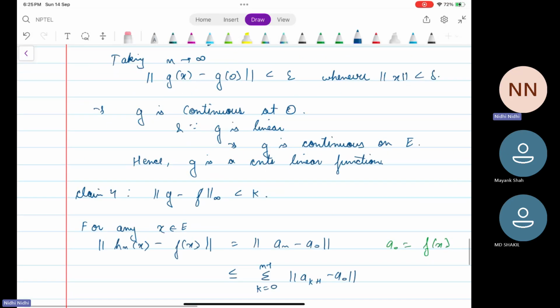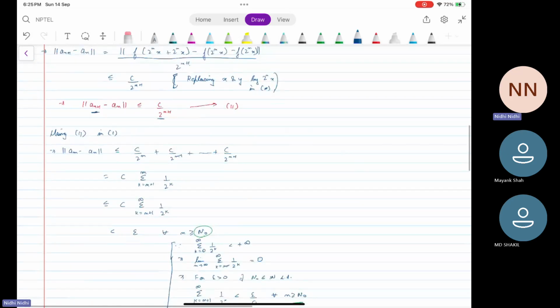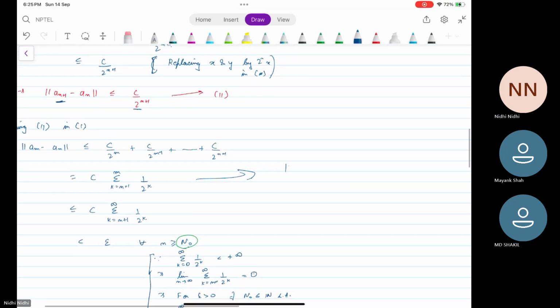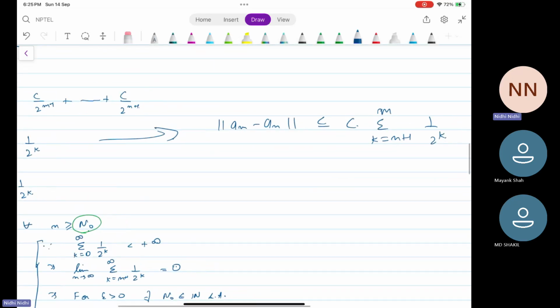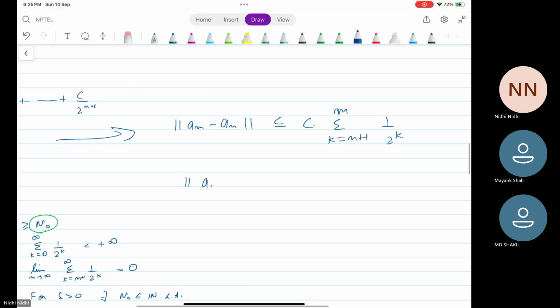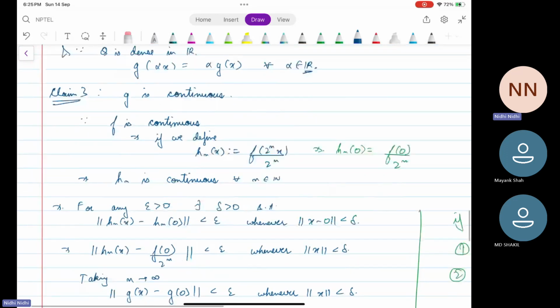Let me show you the way we did it. From here, you can see that a_m minus a_n was less than or equal to some constant times the summation k from n plus 1 to m of 1 upon 2 to the power k. So if I replace m by n and n by 0, this will be less than or equal to the summation k from 1 to n of 1 upon 2 to the power k.